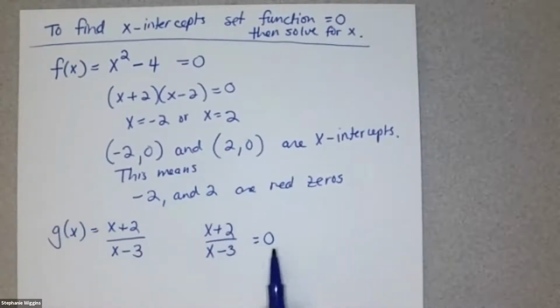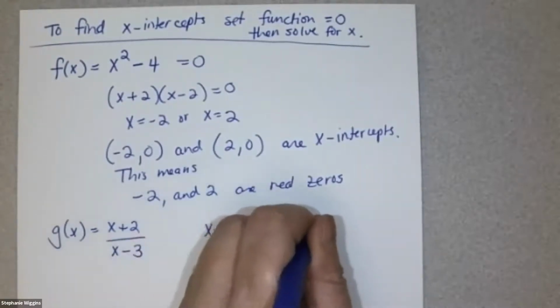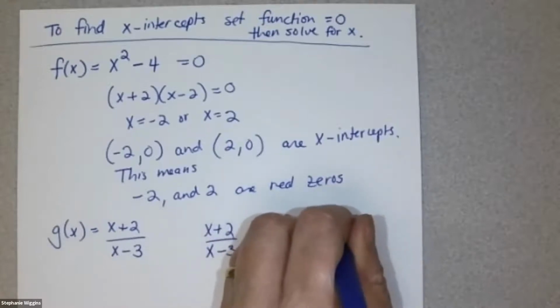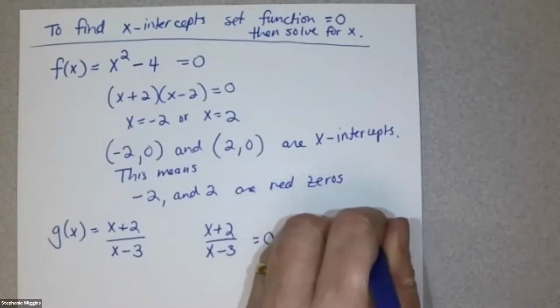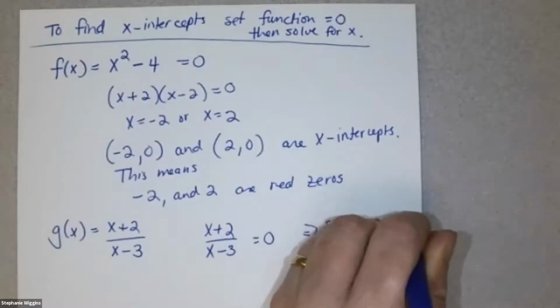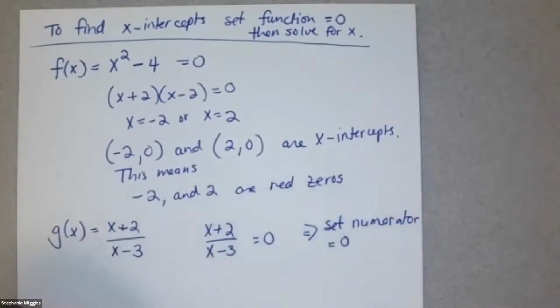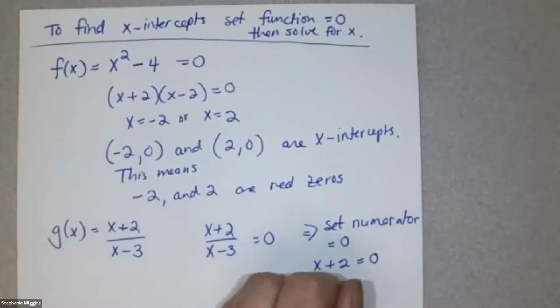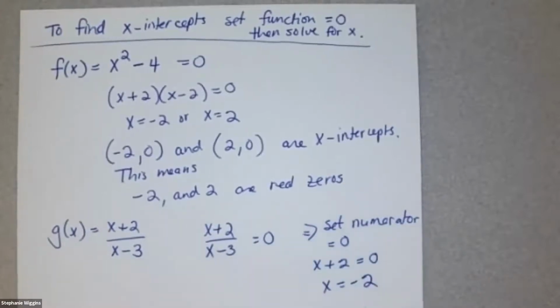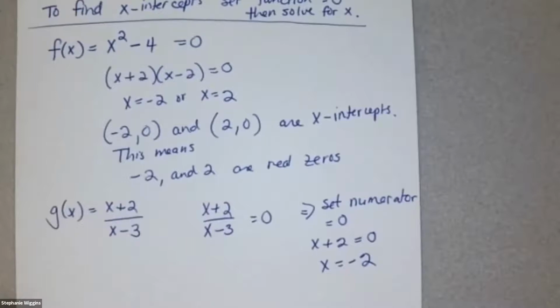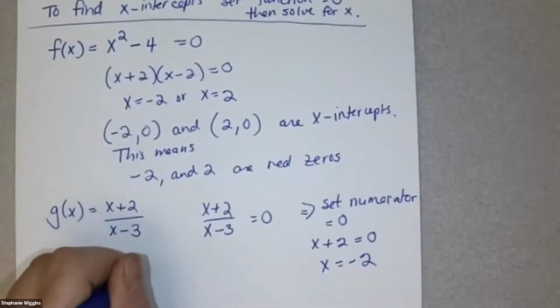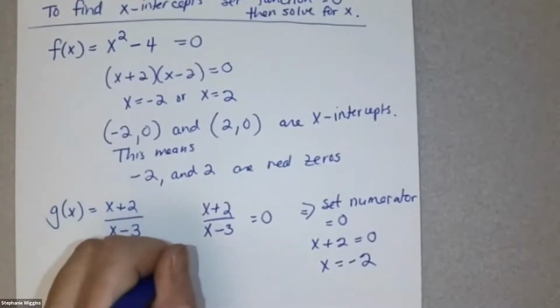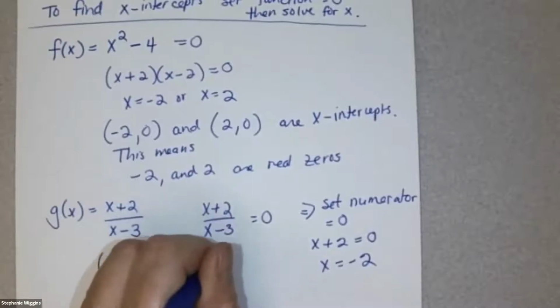But in order for a rational function to equal 0, that means your numerator is 0. So you're setting your numerator equal to 0. So x plus 2 equals 0, x equals -2. That means that (-2, 0) is the x-intercept.